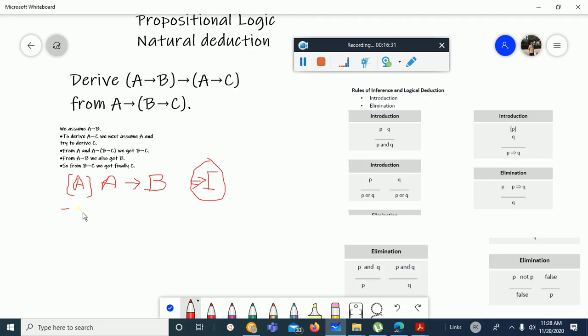And from the same we can get B, which is the elimination rule. So here we will write implies elimination rule.